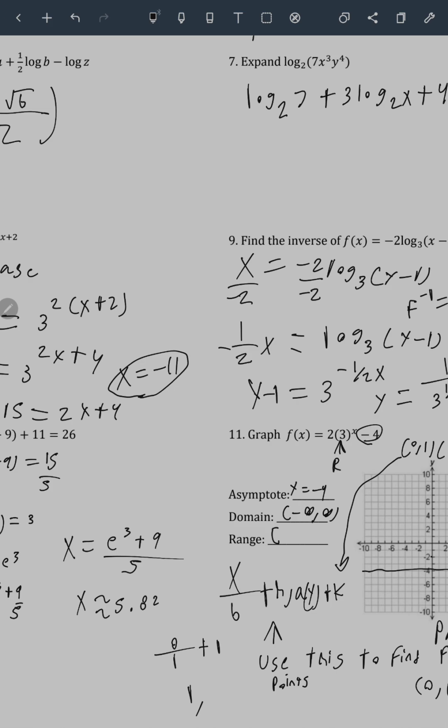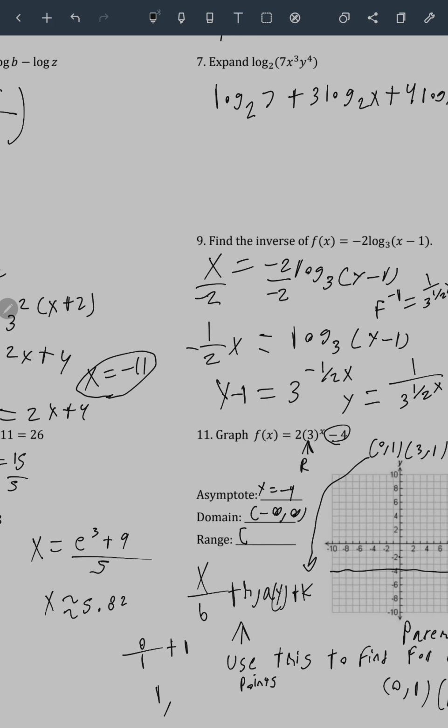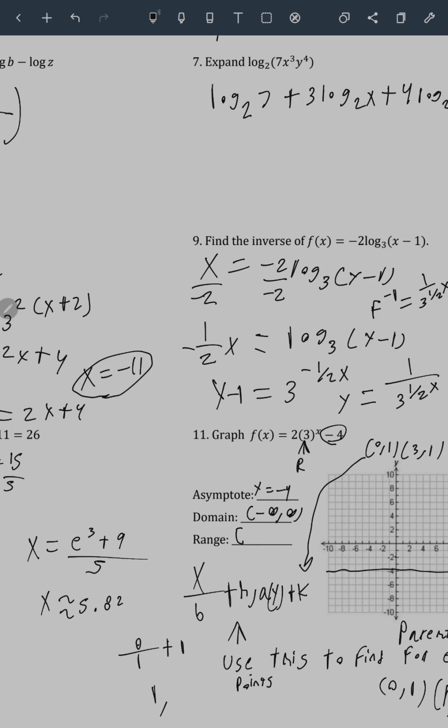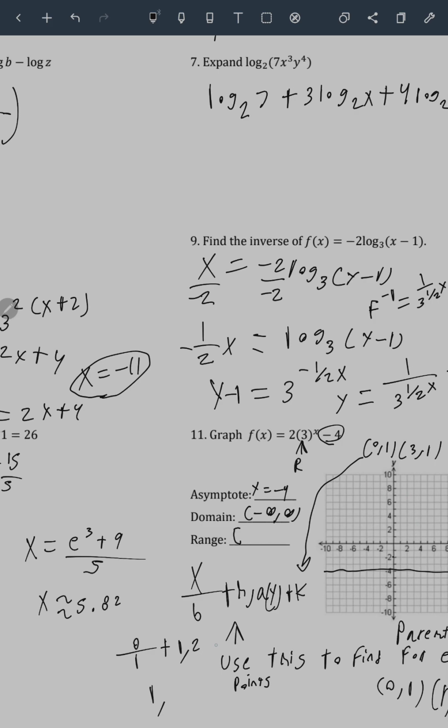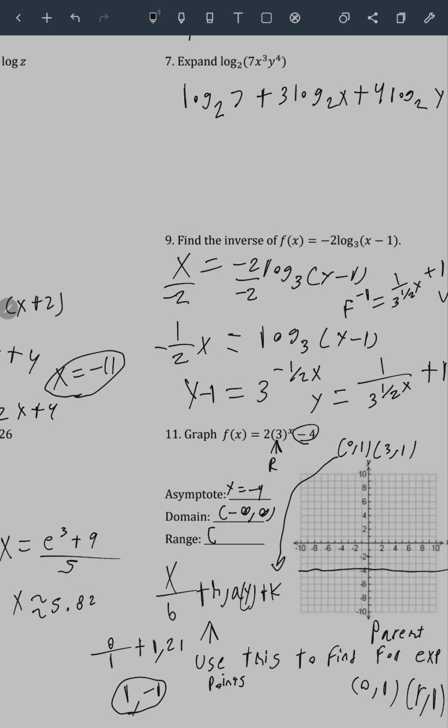Then we've got our a, which is 2, and our y, which is 1. So a times y is 2, giving 3, plus k, which is -1. So our first point is (-1, 1 minus 1).